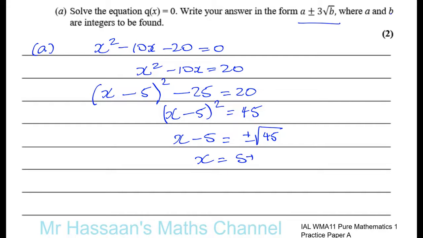Now this is not the answer that's required, because we have to have plus or minus 3 times root something. So obviously this root 45 can be simplified. It's really important, because many students will lose marks.